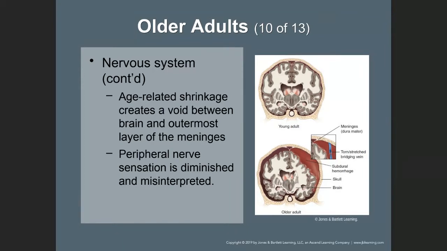So if they fall and hit their head, it's easy for blood vessels to tear, and they start to get hemorrhaging on the brain, depending on whichever layer of the meninges is affected. The peripheral nerve sensation is diminished, and it is misinterpreted.